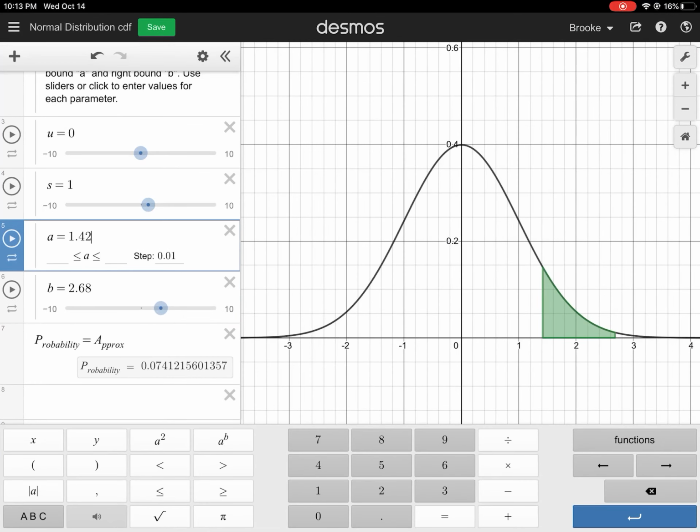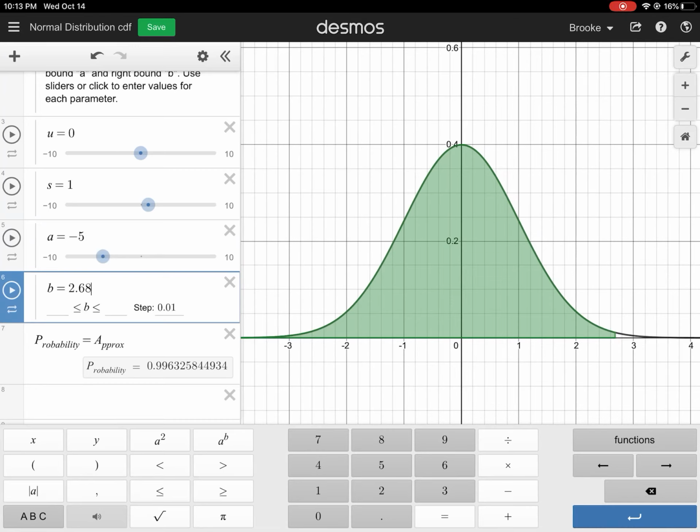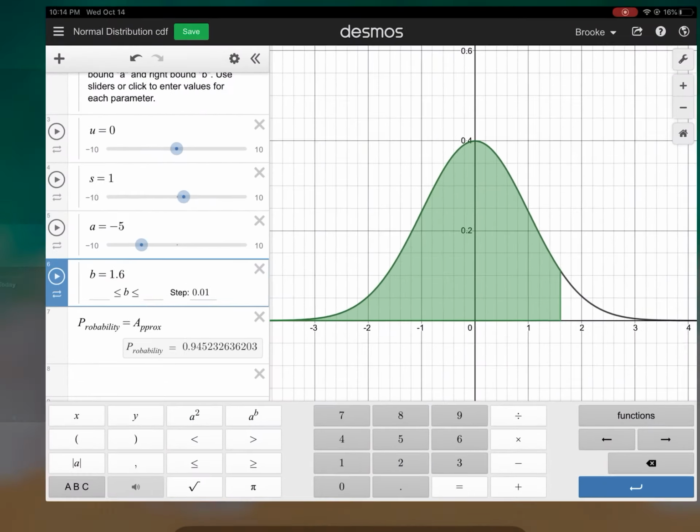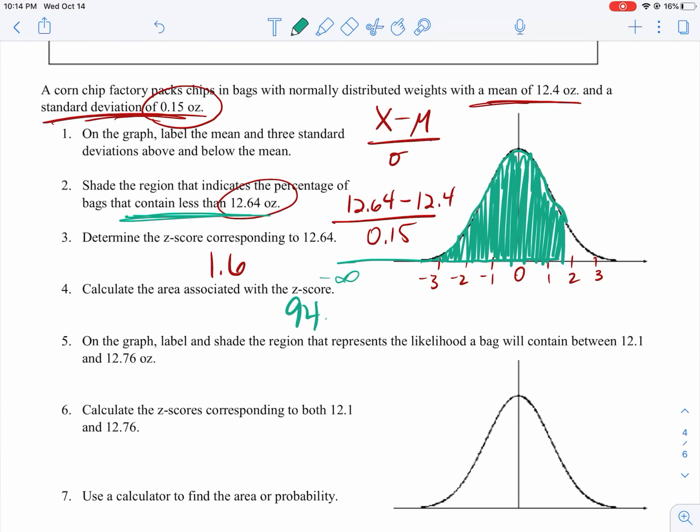So when I go into my Desmos calculator, I'm typing in -5 to represent negative infinity, and I'm typing in 1.6 on my b value, and I can see this probability is high, or this area is high. It's 94.5%. Okay, so essentially 94.5% of chips would have less than 12.64 ounces.